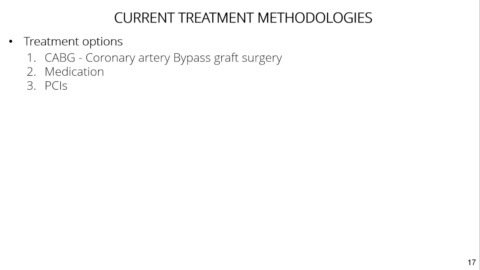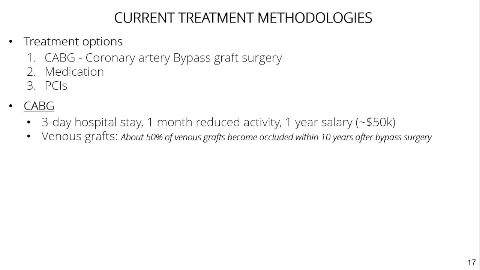Again, for current treatment methodology, the most well-known is bypass surgery, where you just bypass the artery that's completely occluded. The other is medication, the third being PCI, which is what I mentioned before, where you try to deliver devices into the heart and provide a therapy.